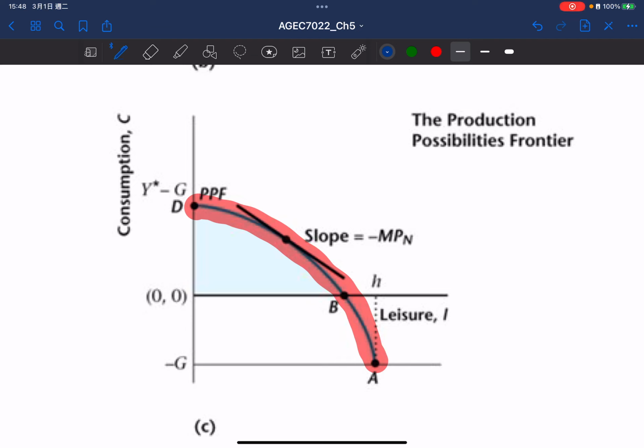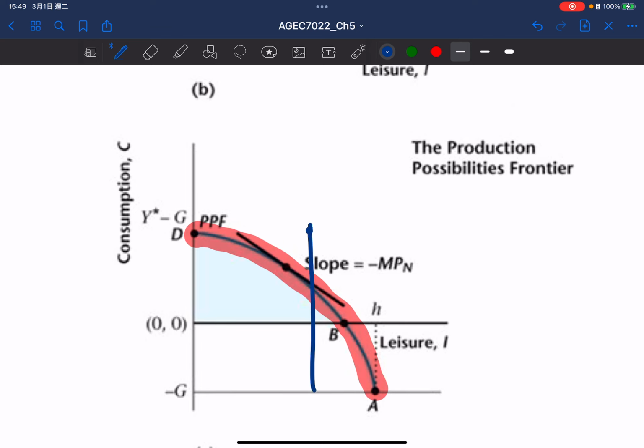That's what this society is capable of giving the consumer, the combinations of C and L. For example, this point here is an impossibility point, where no matter how you combine capital and labor, how much labor you input, there's no way that someone can have that much leisure and that much consumption.